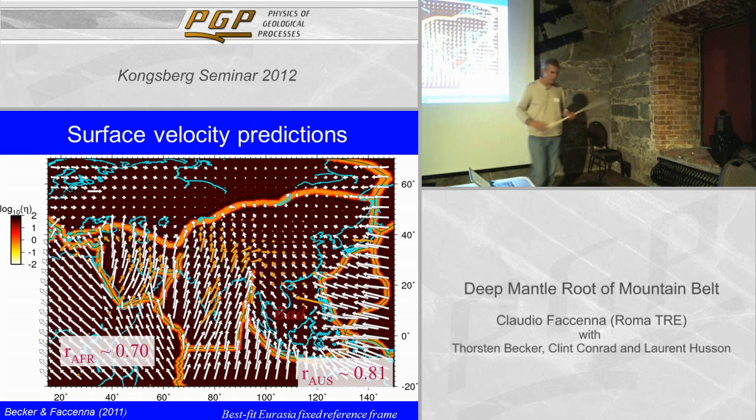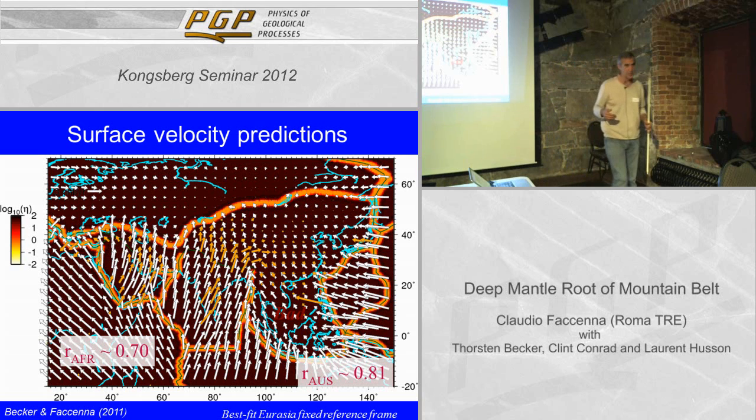I would like to make a point before going on commenting on that. We haven't made any real effort to properly match the velocity of the plates. It's just the result. There are other models that just focus on matching the plates, tuning the viscosity and tuning the density scaling just to match the plates.